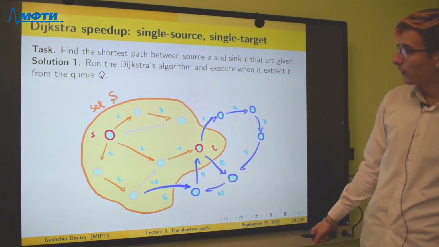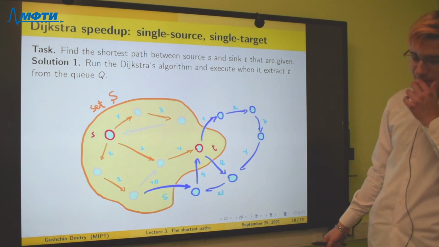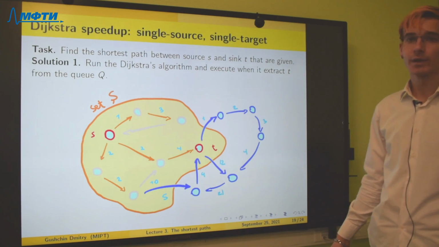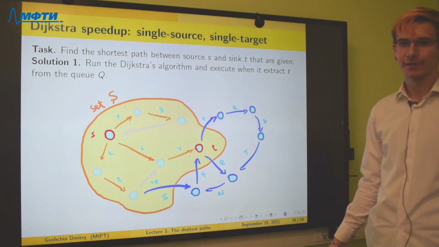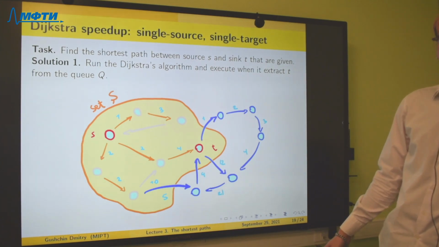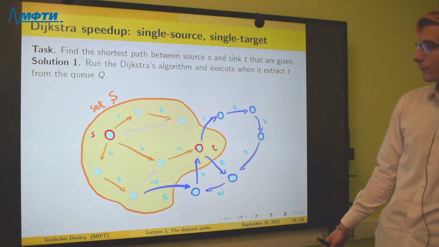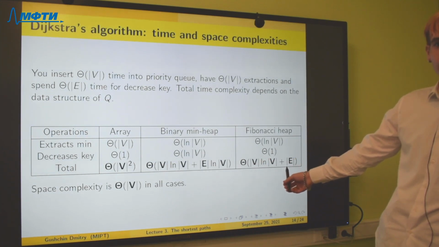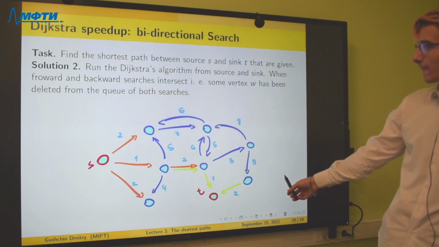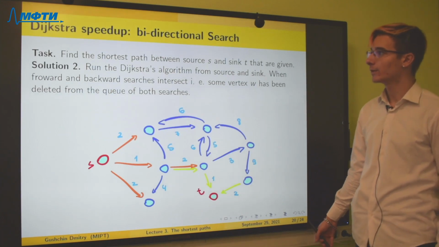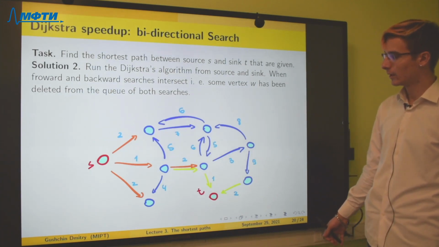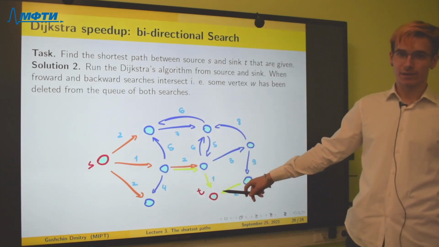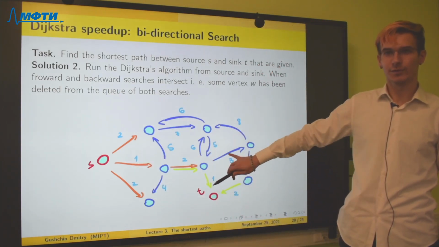So, how to speed up Dijkstra? Of course, it will be a speed up in practice, but not in theory, because in the worst case, we get the same time complexity as we see in this table. Okay. So, for example, we can use Dijkstra's algorithm and start it from the source and from the sink, of course, using reversed edges.